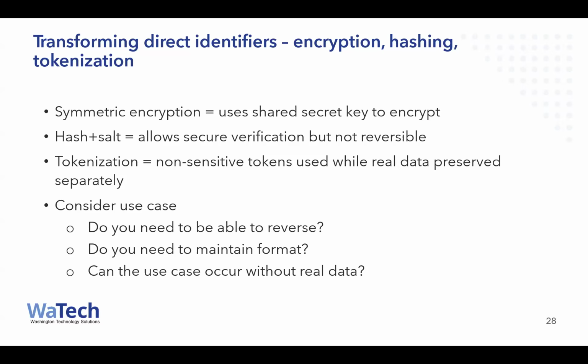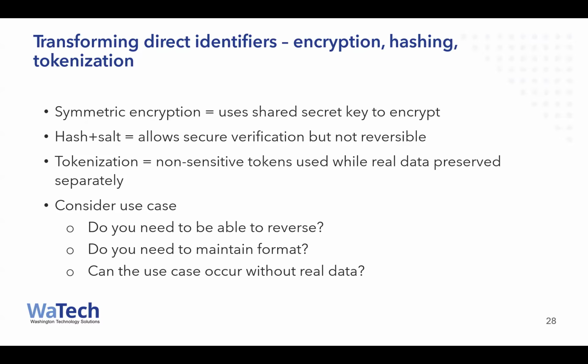You want to think about, do you need to maintain the format? Like, it doesn't need to be in the same 9-digit social security number format, as an example. If that's the case, then something like tokenization is most likely the most appropriate. And then you also need to think about, do you actually need the real data to do whatever the use case is, whether it's analysis or something else?